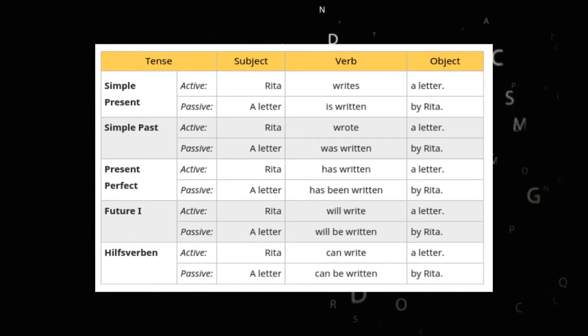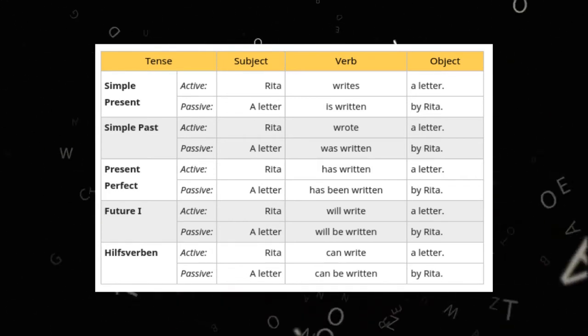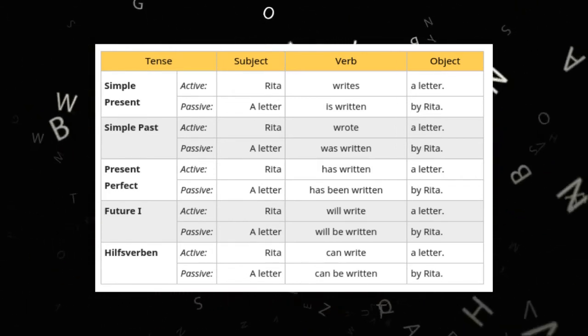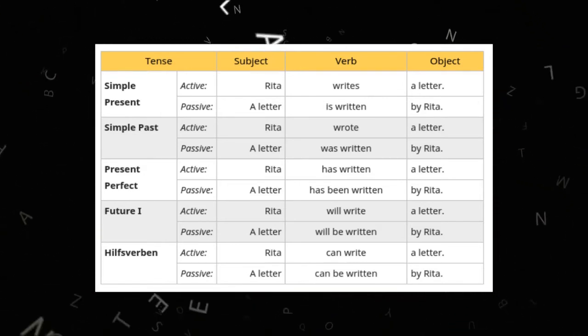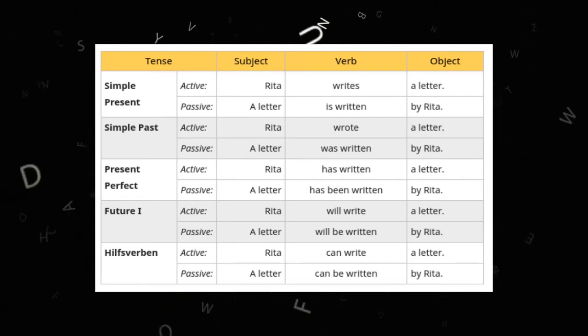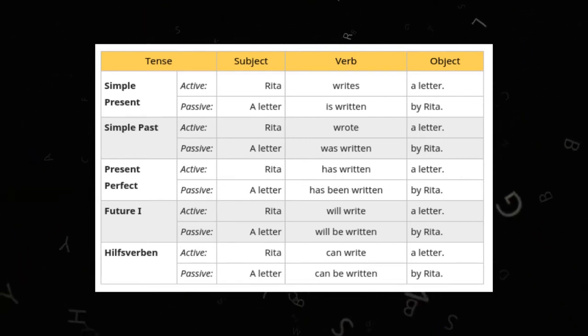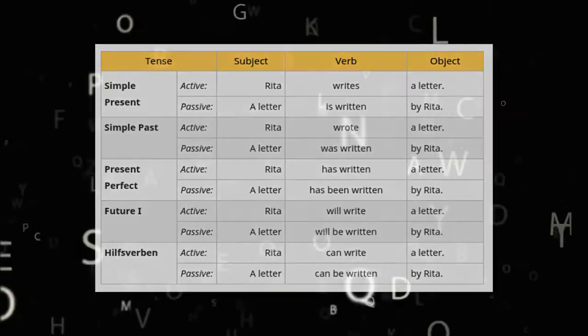Present perfect, Rita has written a letter, a letter has been written by Rita. Future, Rita will write a letter, a letter will be written by Rita. And then we've got an example of why you shouldn't always steal charts off of various websites that haven't been completed properly. Rita can write a letter, a letter can be written by Rita.